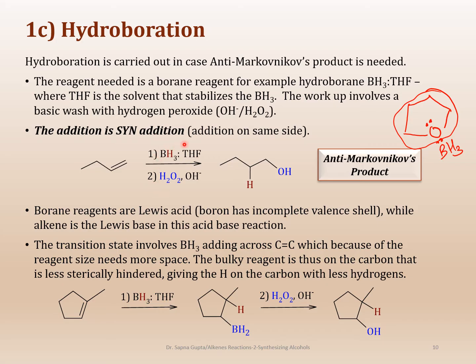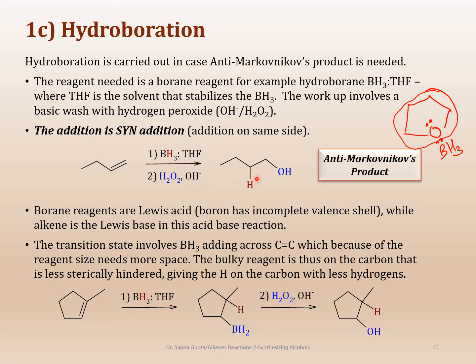So once you have done the reaction with this, again, whatever 2 hours, 3 hours that you need to complete the reaction, then you add hydrogen peroxide in presence of a base like sodium hydroxide or something, and then this will provide the OH.